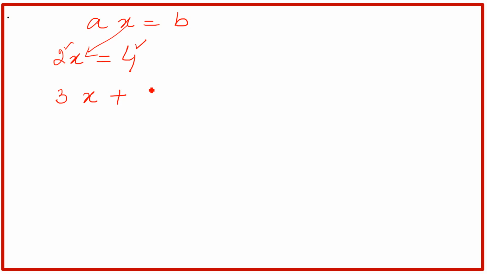The second example is, suppose, 3x plus 4 is equal to 0. It is not in this form, but I will show you how you can write this equation in this form. This is also linear.